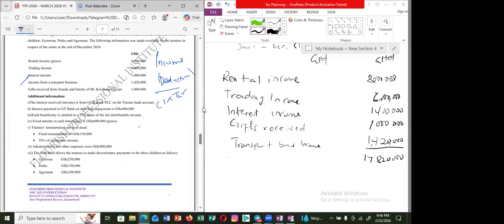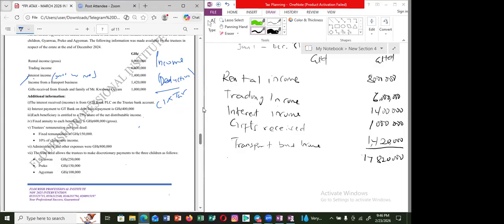Now, sometimes these things are vague, but let me make a point here. They said interest income, 1,400. They didn't note whether it's gross or net. So sometimes you don't know whether to gross up or net up. Now, they've also made a statement that interest received is from GCB Bank PLC on the trustees' bank account.